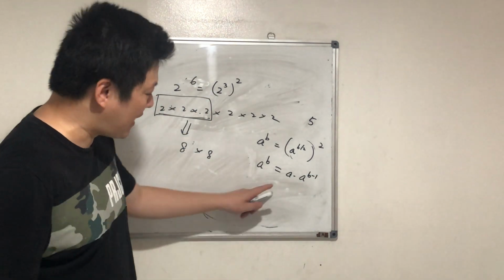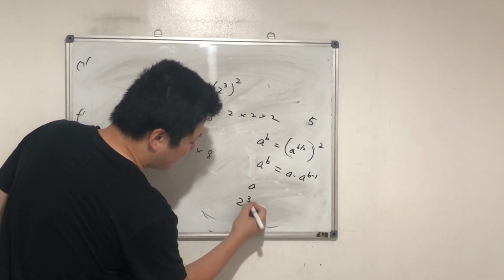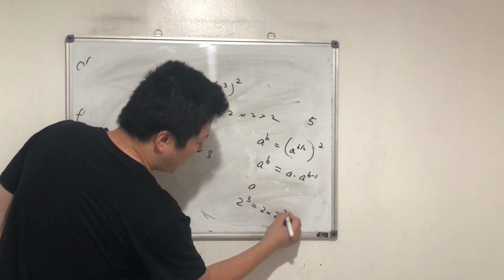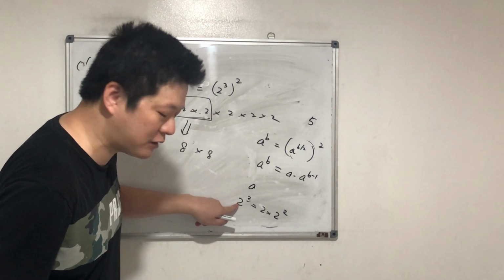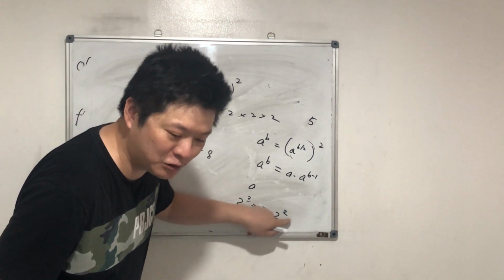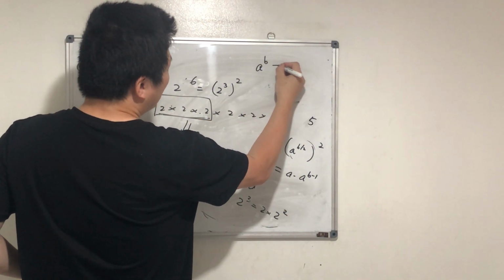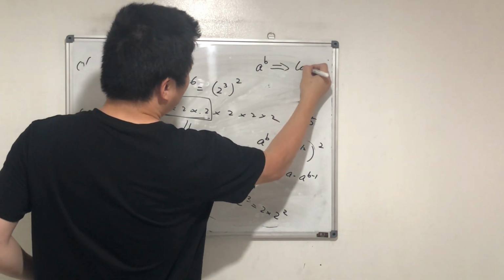Look, 2 to the power of 3 equals what? 2 times 2 to the power of 2. That's it. Because 3 2's multiplied together equals one 2 times two 2's. Okay, so for a to the power of b, the time complexity is log b.